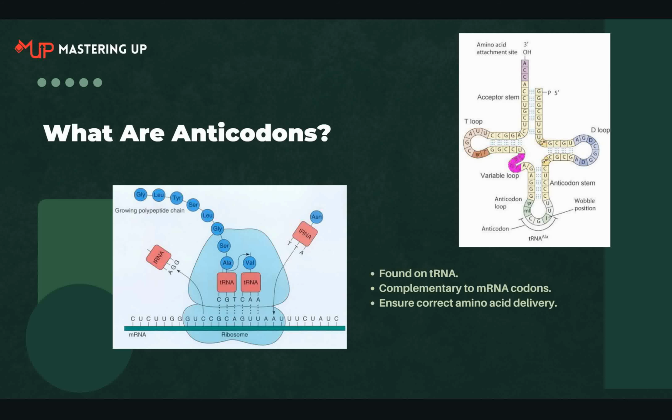This pairing is crucial because it ensures that the correct amino acid is brought into place during the process of protein synthesis, that is, translation. Without anticodons matching the codons, the entire process would be chaotic and inaccurate. So we have seen about this in the translation video.